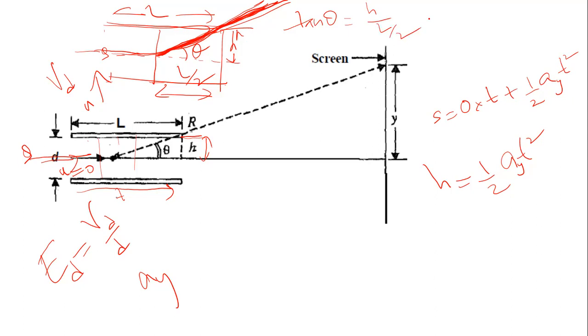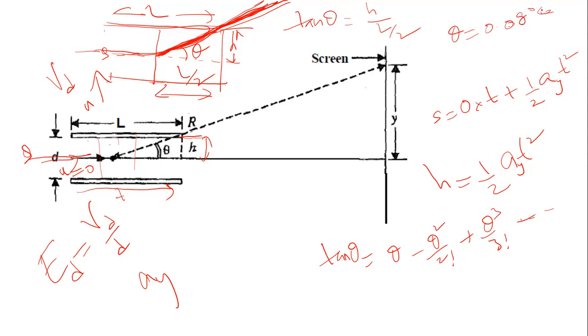For small angular approximation, if you remember, there's the Taylor series expansion of tan theta. This is equal to theta minus theta square upon 2 factorial plus theta cube upon 3 factorial, something like this. Usually the angle of deflection is very, very small, let's say 0.08 degree.